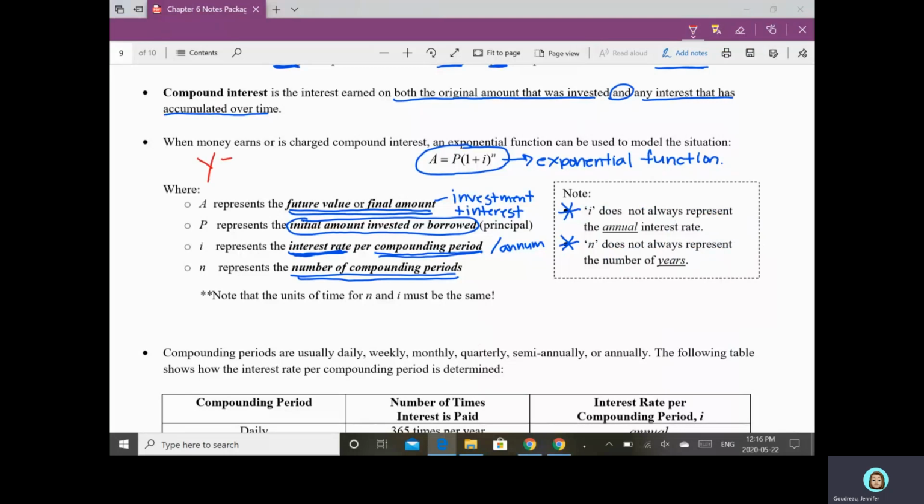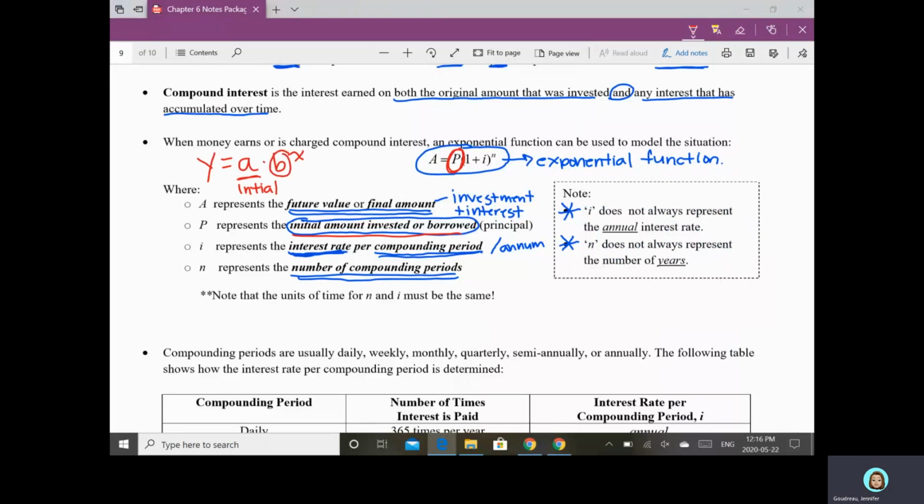In 6.4, we talked about y equals a times b to the x. This formula, the compound interest formula, is very similar. We said in 6.4 that a represented the initial amount. Well, notice that in this one, we're calling it P, and P was the initial amount invested or borrowed.